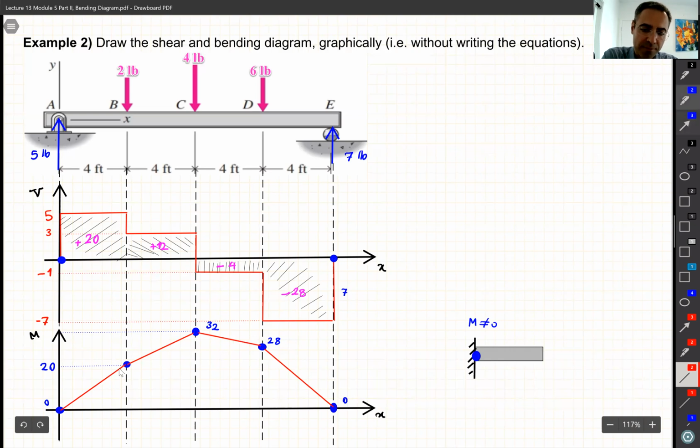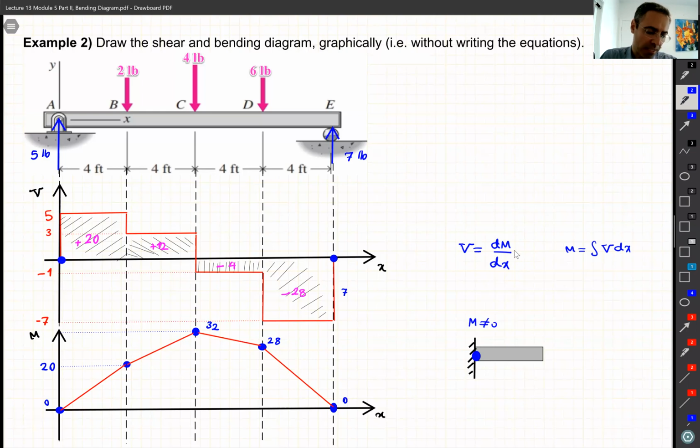Remember always we have this formula, right? V is derivative of M. So from the sign of V, we can guess the slope of M. And always M is integral of V, or area of V. Okay, so this is our V and M diagram without writing any equations.